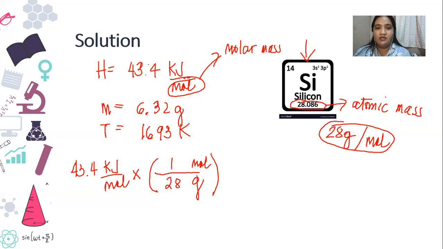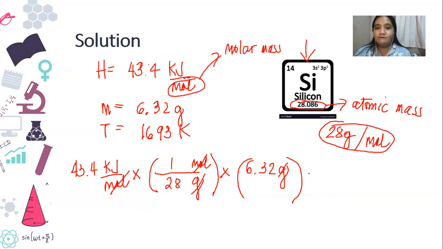We have kilojoules and grams. We have grams given here, so we can just multiply 6.32 grams, and that's grams, mole, mole.